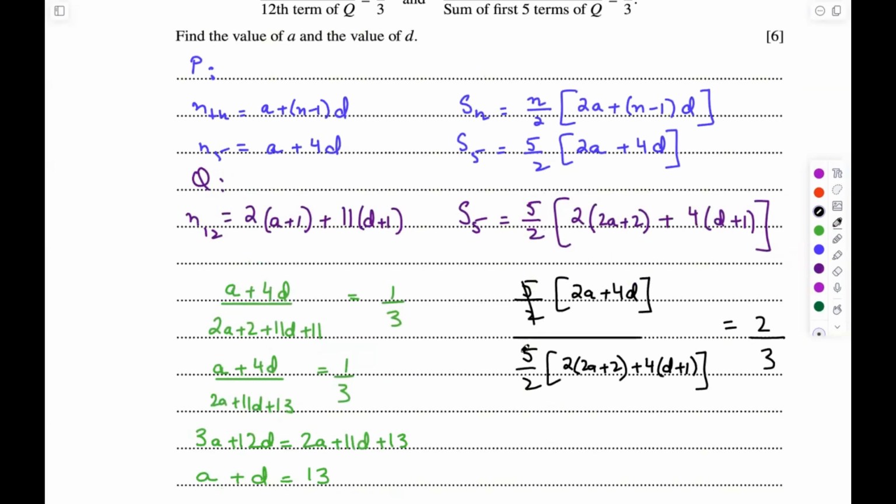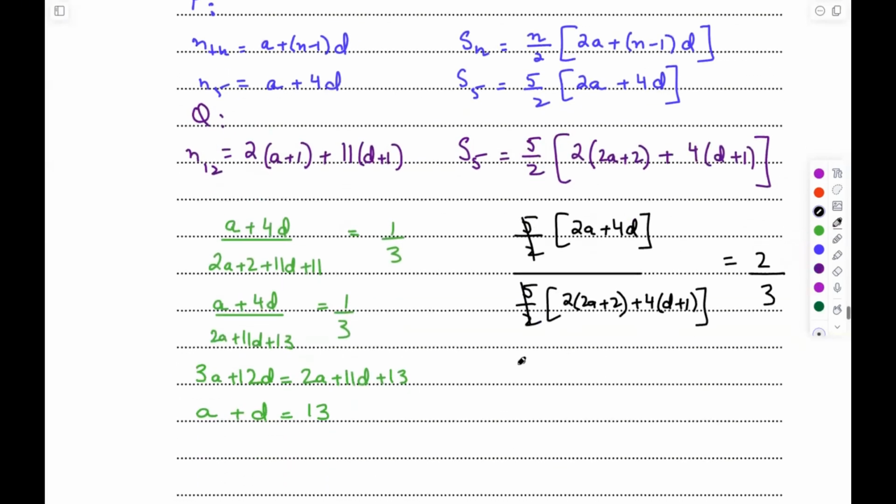Now first we can cancel out the 5 upon 2 to simplify. So this will become 2A plus 4D in the numerator, and this will be divided by 4A plus 4 plus 4D plus 4, equals 2 upon 3.